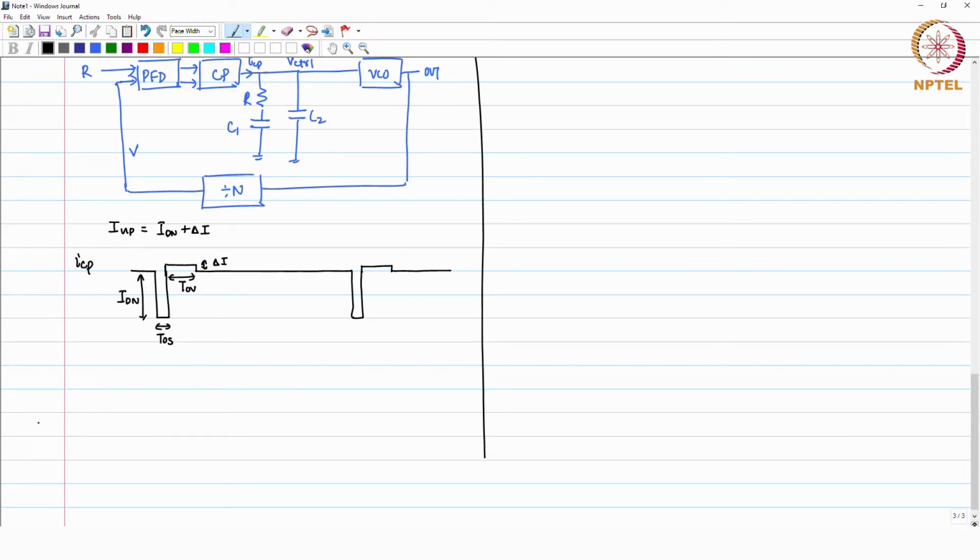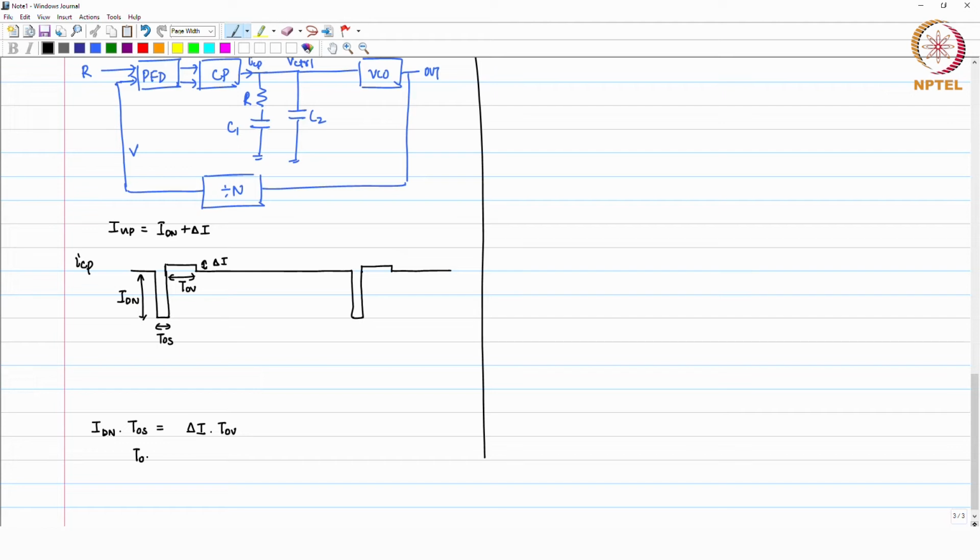Okay. So, in a steady state, what you are going to see is that your I down times T offset, that is the negative charge, is equal to your delta I times T overlap.